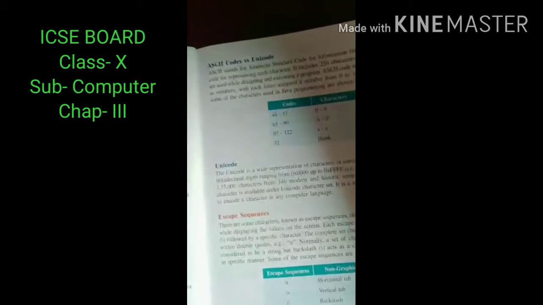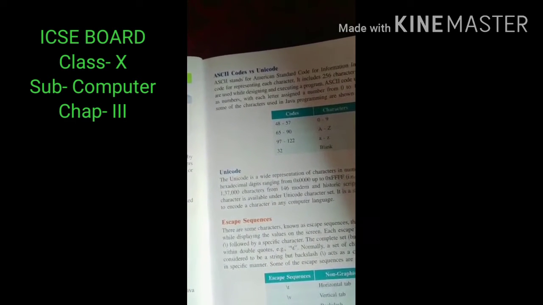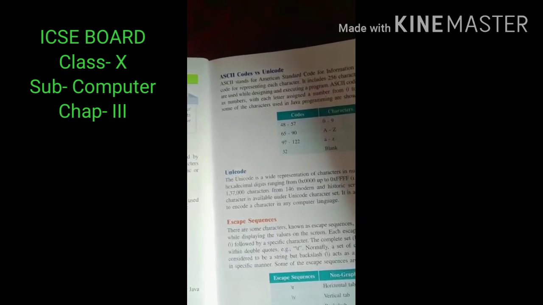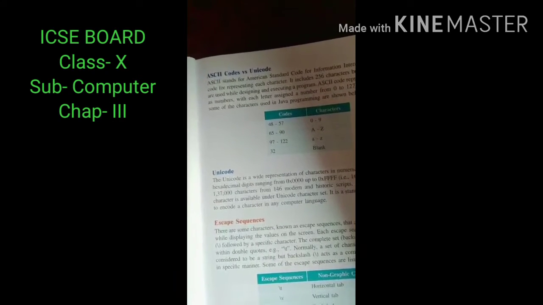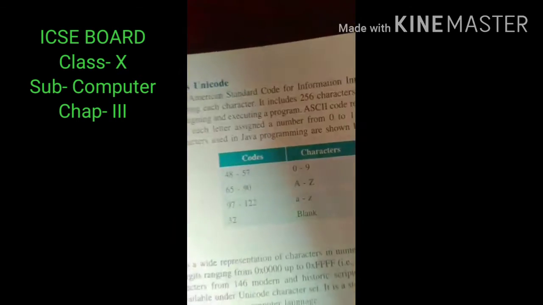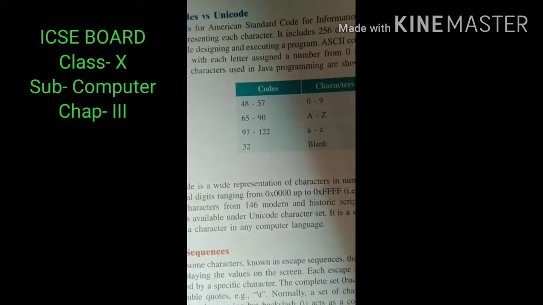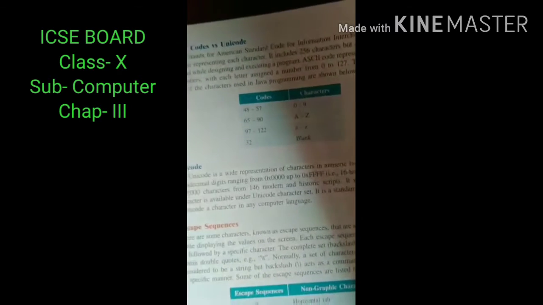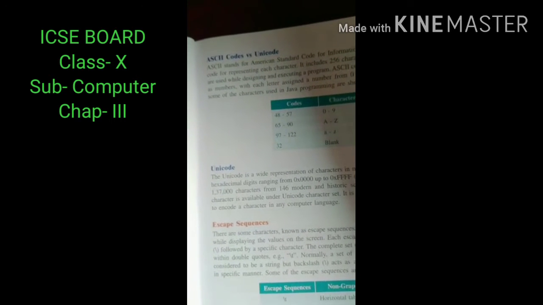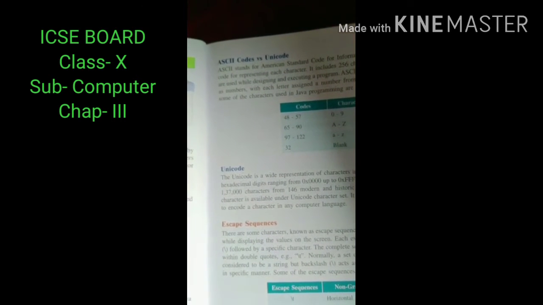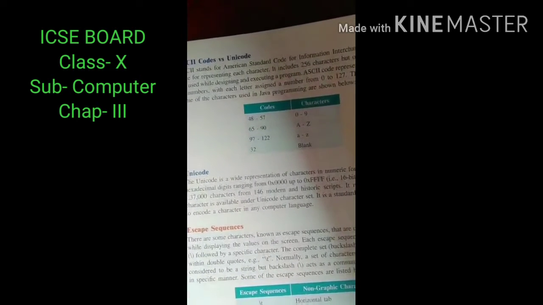And Unicode, now Unicode is a wide representation of characters in numeric form. Here we use hexadecimal code, and we know that hexadecimal code starts from 0x. In total it can address 1,37,000 characters from 146 modern and historic scripts.